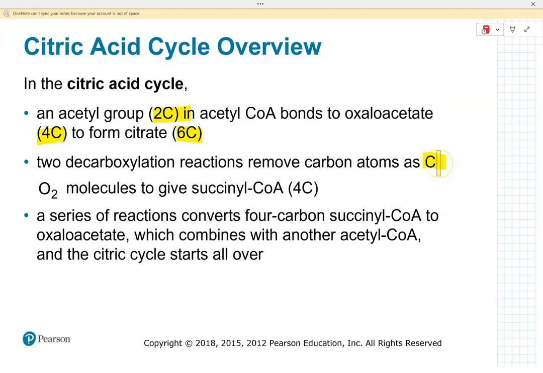When you remove 2 carbons from 6, how many do you have left? 4. So you end up with 4-carbon succinyl-CoA. Then the succinyl-CoA is converted in a series of reactions to oxaloacetate, no loss of carbons. So again, 4-carbon oxaloacetate, and the cycle starts over. Making sense?